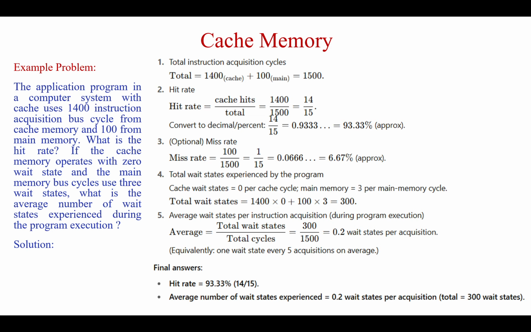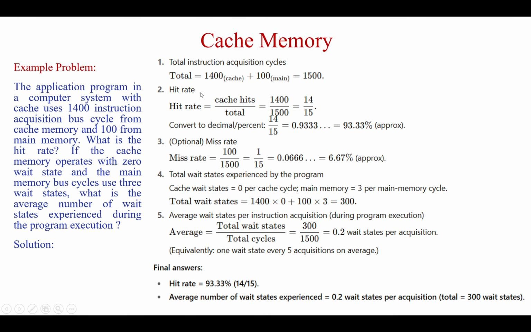First, in this problem, what is given is the total instruction acquisition cycles. For cache, 1400 cycles are there, and for main memory, 100 cycles are there. So the total instruction acquisition cycles equal 1400 plus 100, totally 1500.